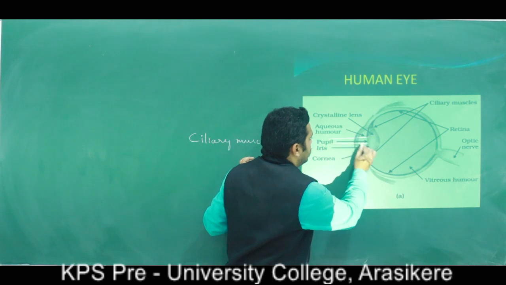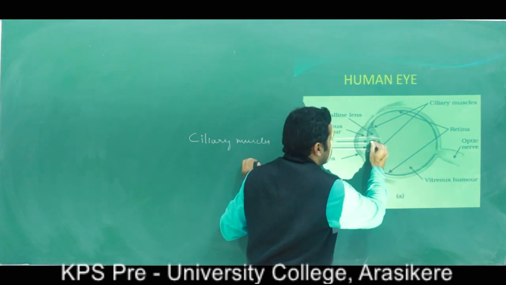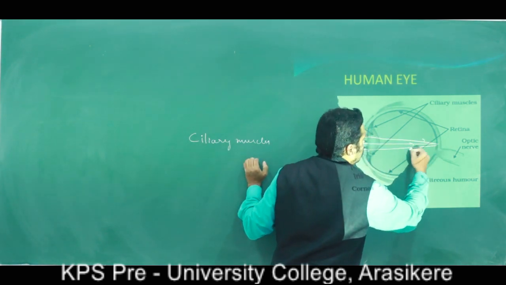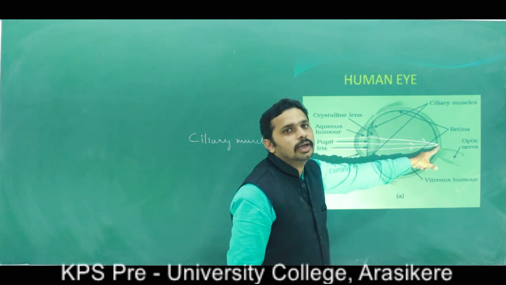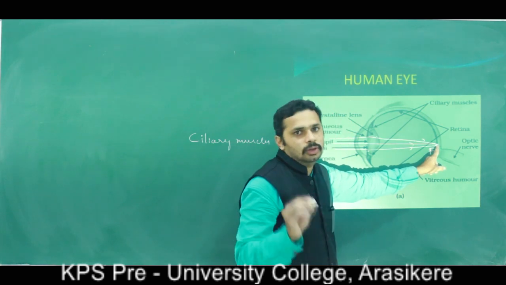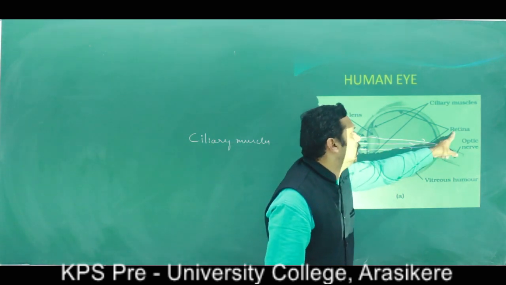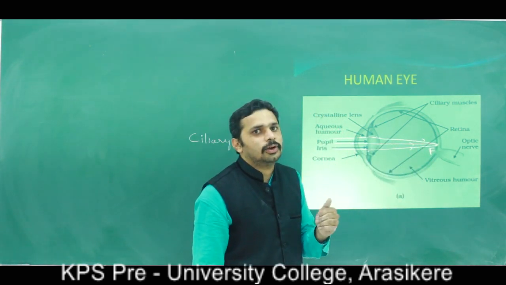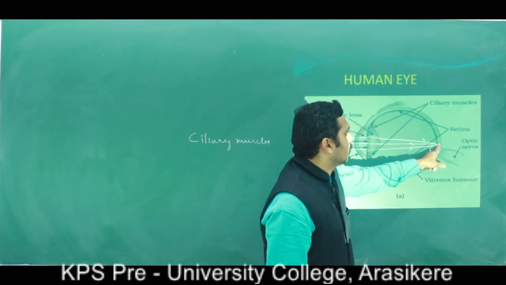The light enters and falls on the crystalline lens. It undergoes refraction. After refraction, all the refracted rays are focused on the retina. It is very important. This is called the retina. The retina consists of cones and rods, and nerves.